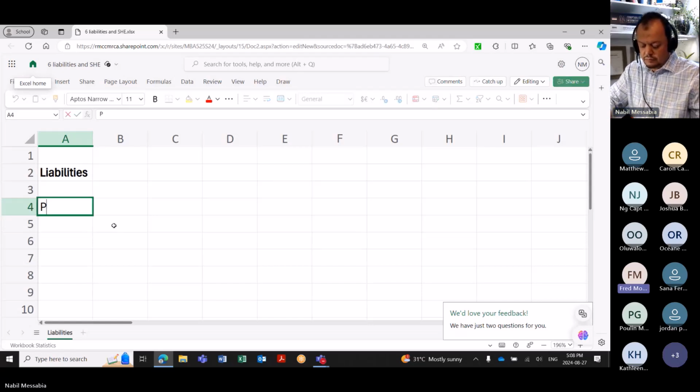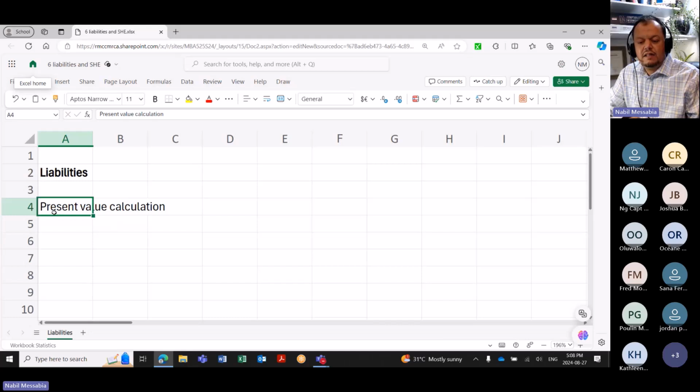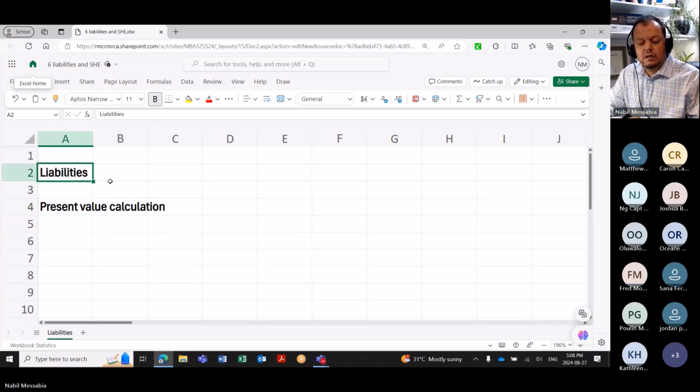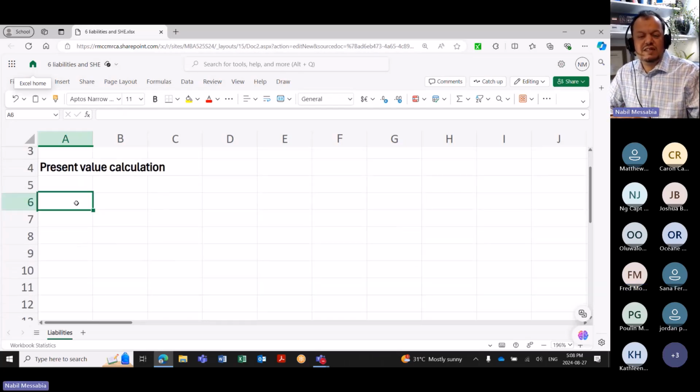So whenever it comes to liability, it is very frequent, very common that you need this technique, because when the company recognizes a liability, let's say a purchase of PPE, you debit equipment and then you credit.